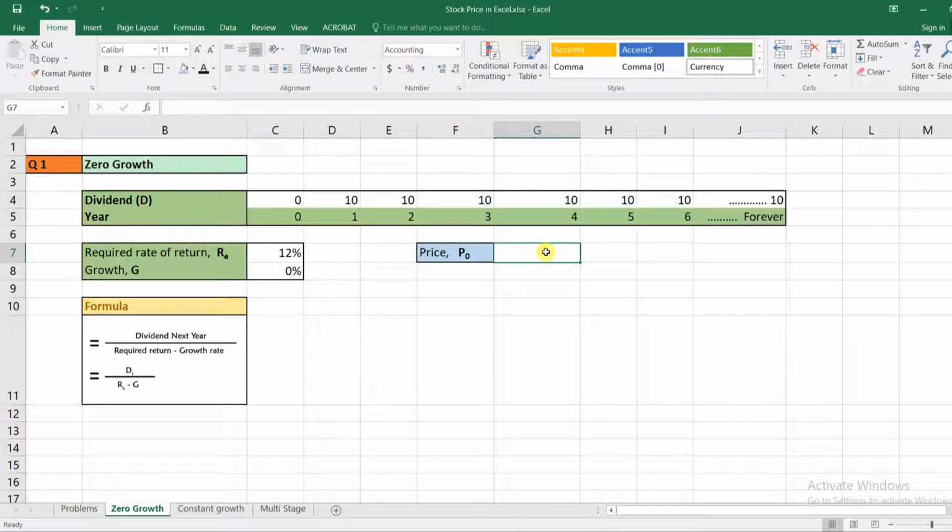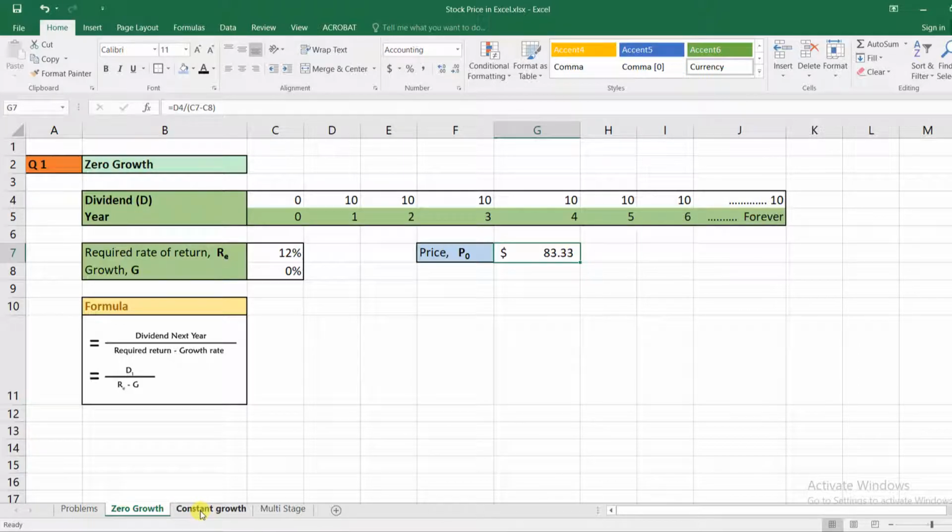So in our case, press the equal sign, and next year's dividend is this cell. Select this cell, then divide it by the difference between this and this. Close the brackets, press enter. Alright, so this is the intrinsic value of this stock at the present moment.